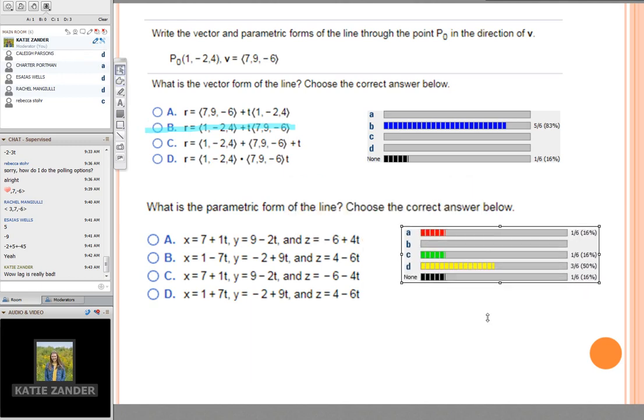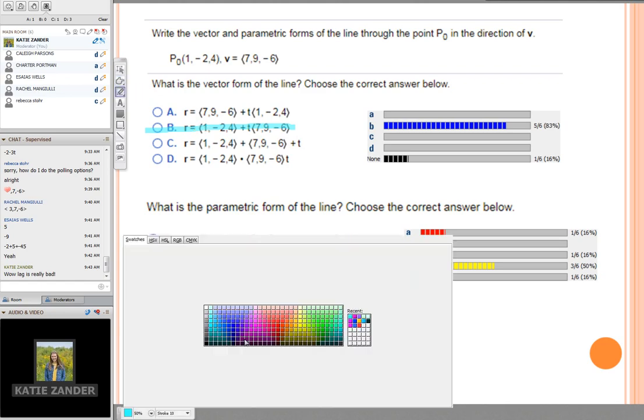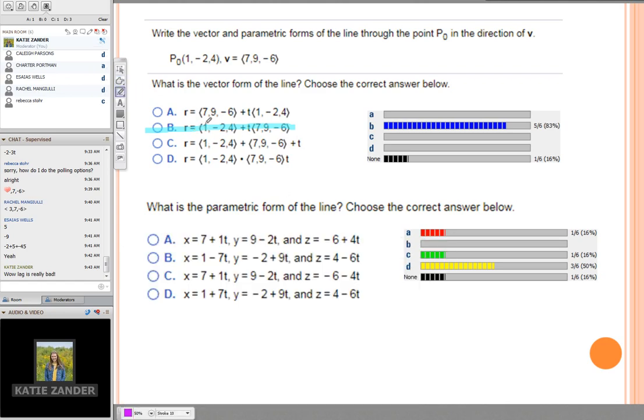This time we differ a little bit, but majority vote is D. And D is going to be the correct answer there because when I take a look, remember we're matching up the components here. So the first one is going to be x equals 1 plus 7t. So 1 plus 7t, really the only option that has that would be choice D.